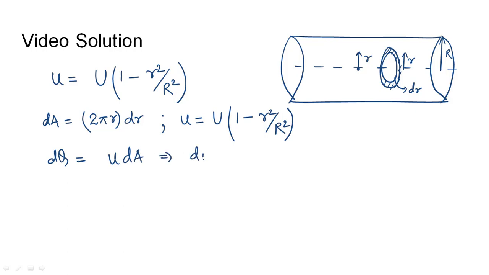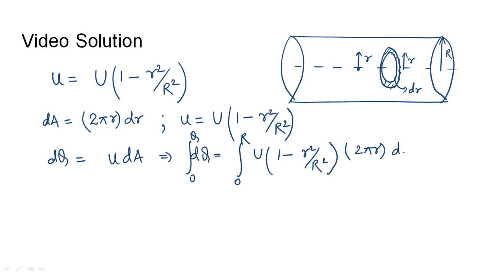This would give dQ as, where we integrate dQ from 0 to Q, and this from 0 to R will be capital U into 1 minus r square by R square into 2 pi r dr.